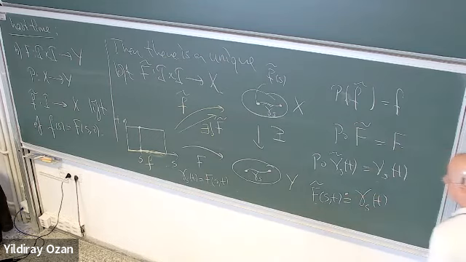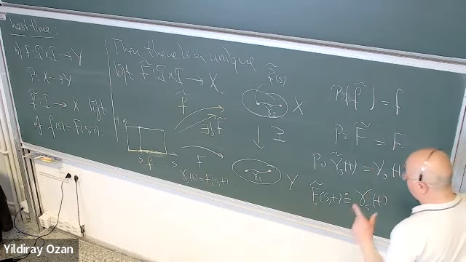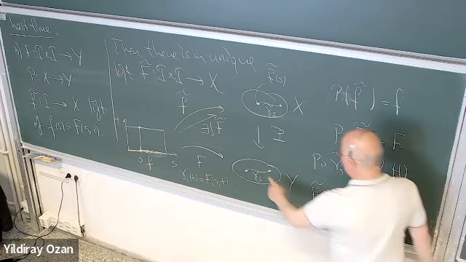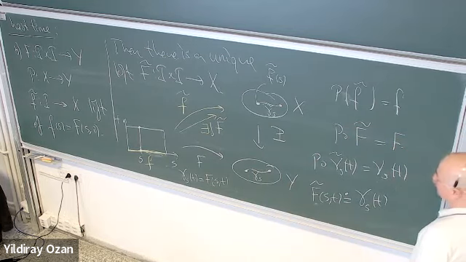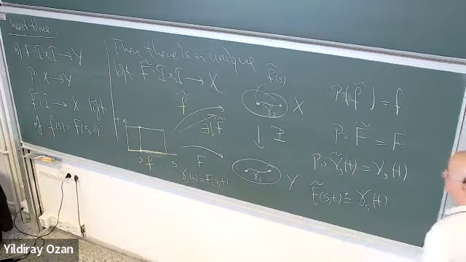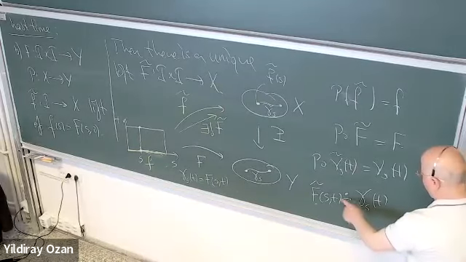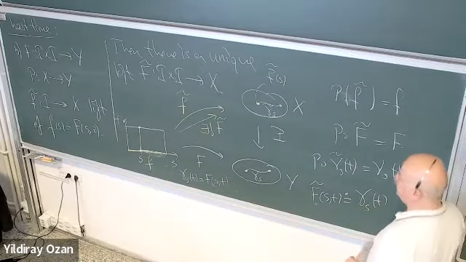This is the existence part, and then we used again the uniqueness part of the path lifting result, or lemma, and that gave us the uniqueness part of homotopy lifting.